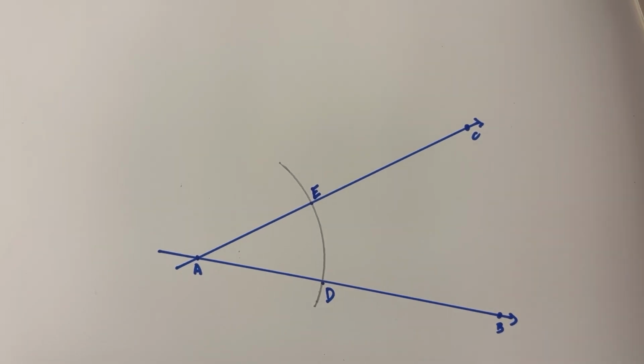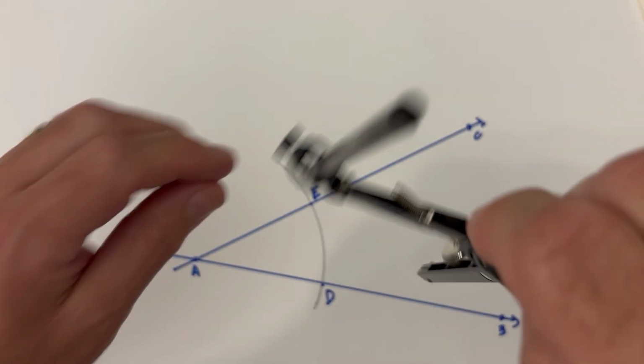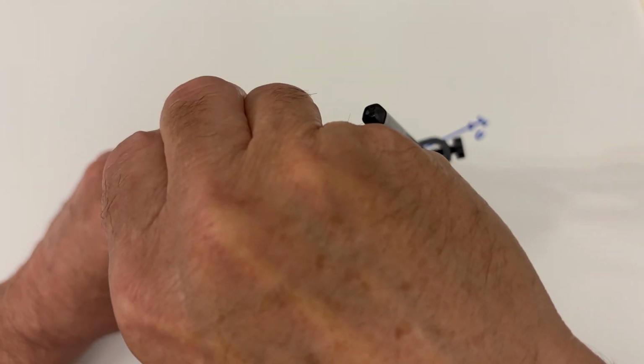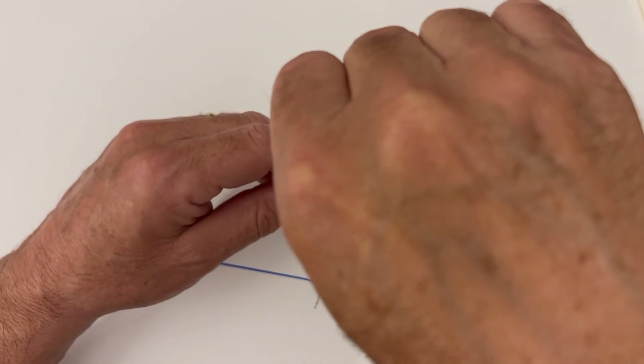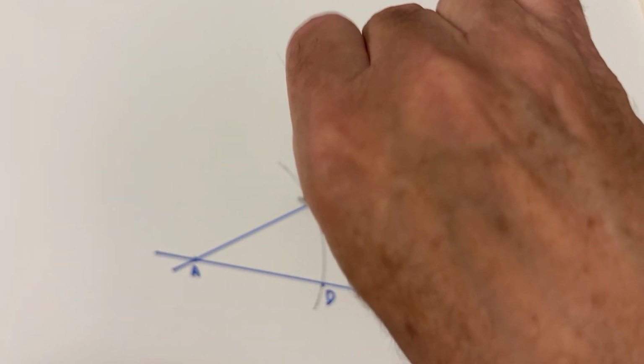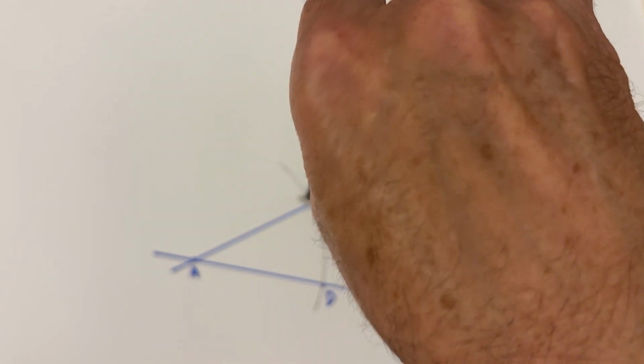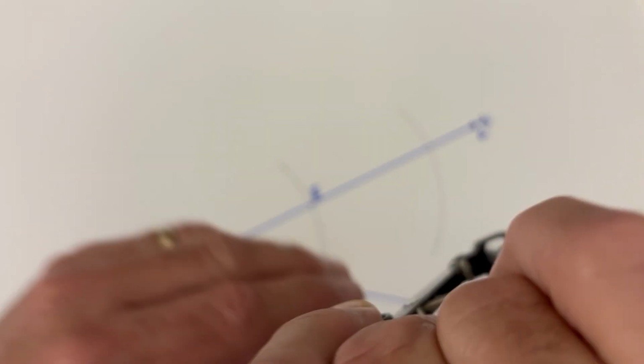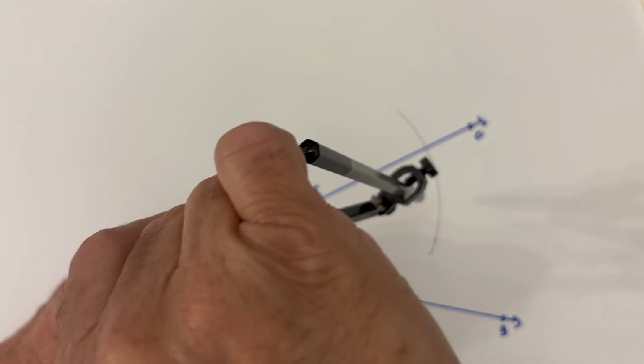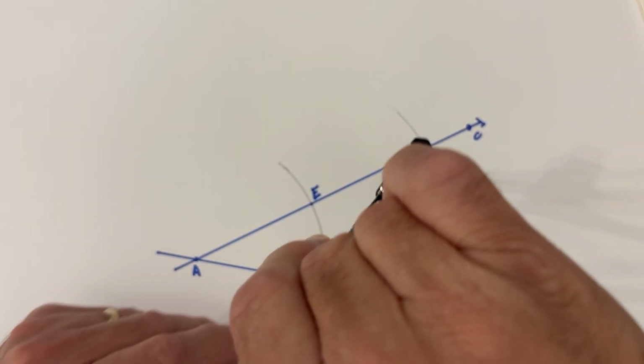So next what we want to do is draw another arc. It doesn't have to be exactly the same width or separation of the compass, the same radius, but they do need to intersect somewhere in the center here.